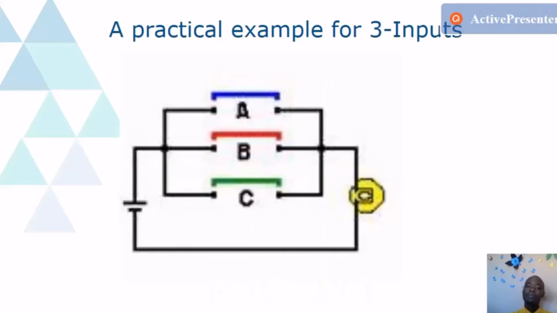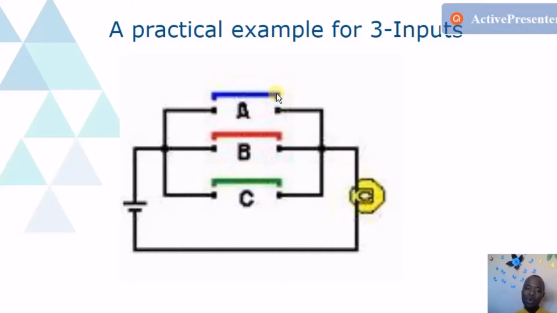Now look at the practical example for the 3 inputs above. Now we have the inputs A, B and C as we have represented there. Now when A, B and C are all open, meaning this bulb here cannot have light.